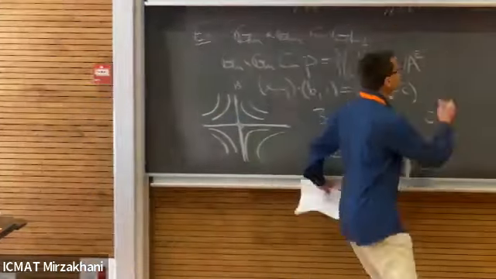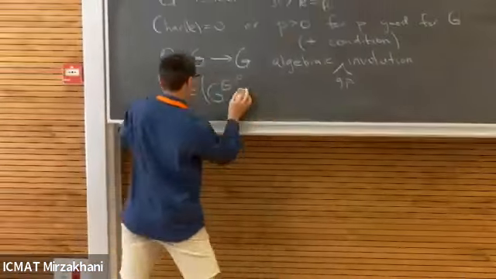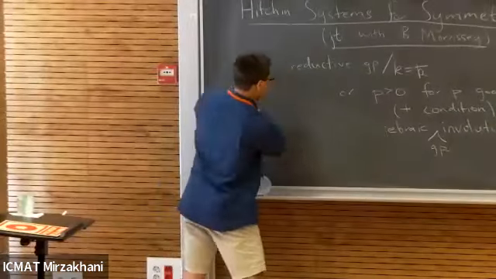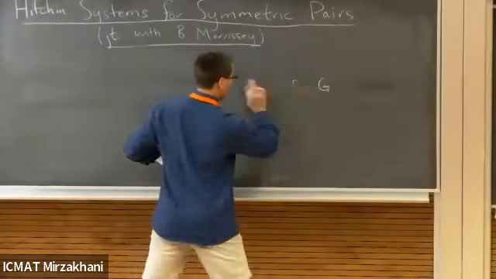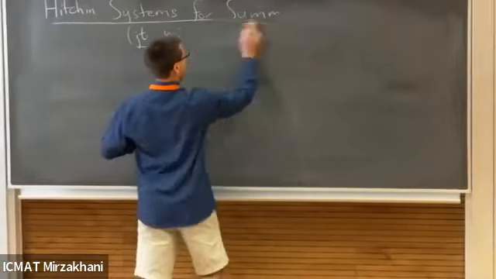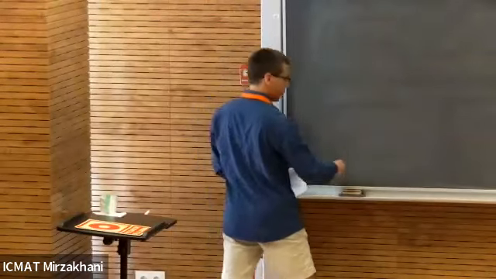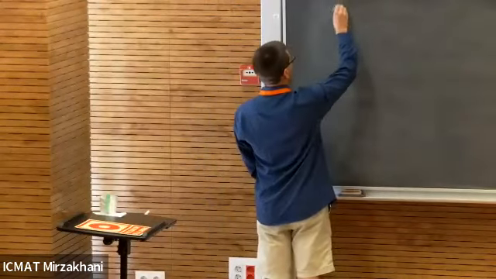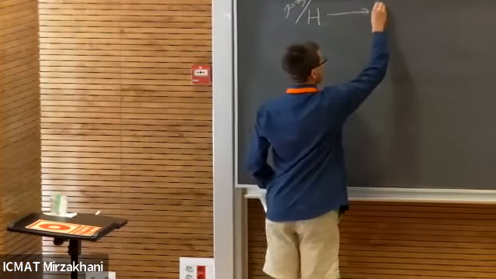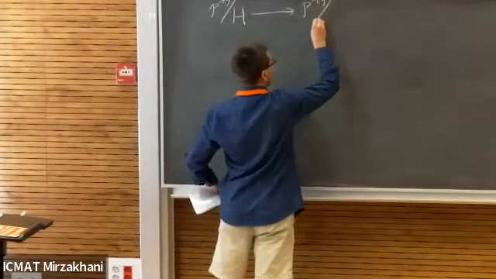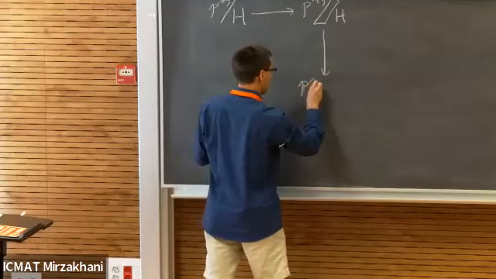So this gives us a nice concrete picture of this intermediate space. So I have this P-reg stack quotient H mapping to this intermediate quotient, mapping to the GIT.